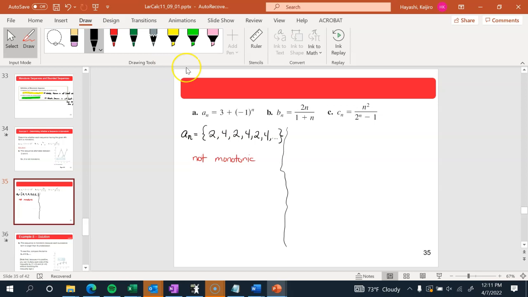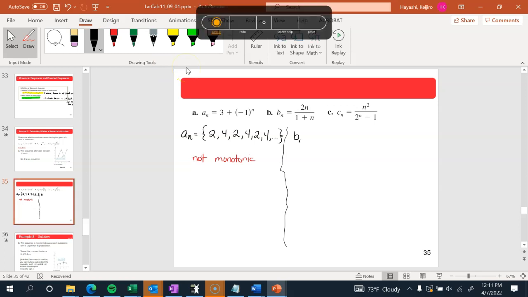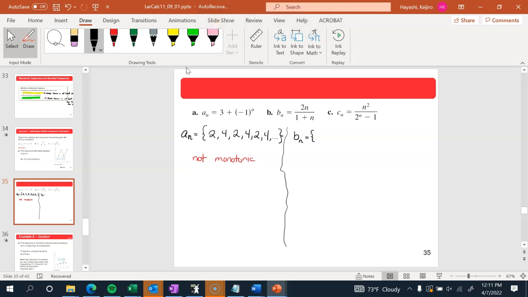So if you look at the terms of b sub n, for your first term you would plug in 1, and that gives you 2 over 2, which is 1. For your second term you plug in 2, that gives you 4 over 3. For your third term you would plug in 3, that gives you 6 over 4, or 3 halves or 1 1/2, whatever you want to say.